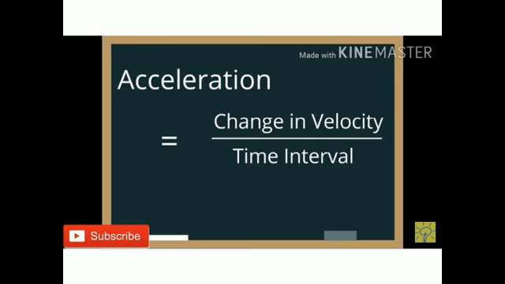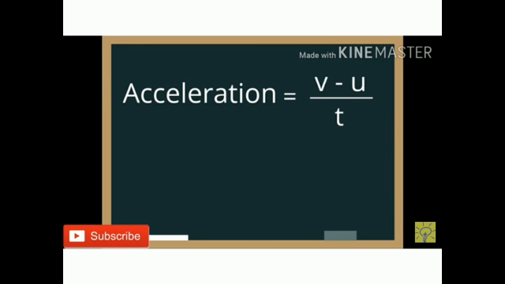Acceleration is the change in velocity divided by time interval, or mathematically we can write it as acceleration is equal to v minus u divided by t. Now v is actually the initial velocity of that aeroplane, means when that aeroplane starts its motion, so at starting point its velocity is known as initial velocity and it can be written as an alphabetical letter v, while u is the final velocity.